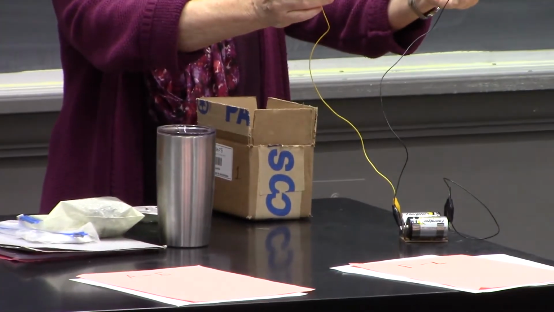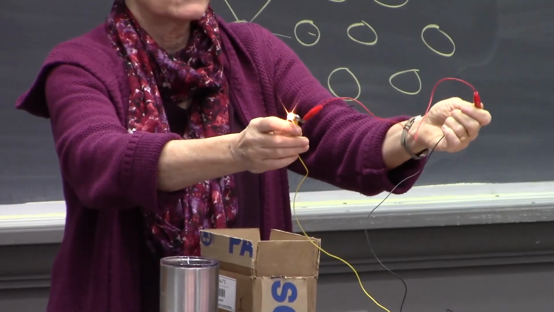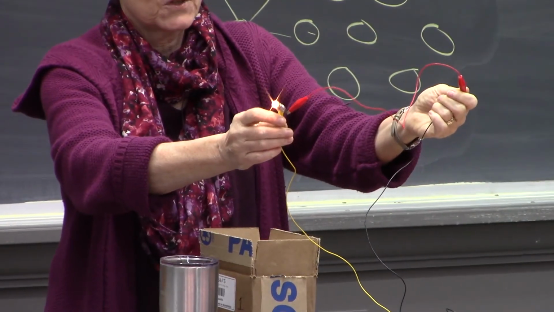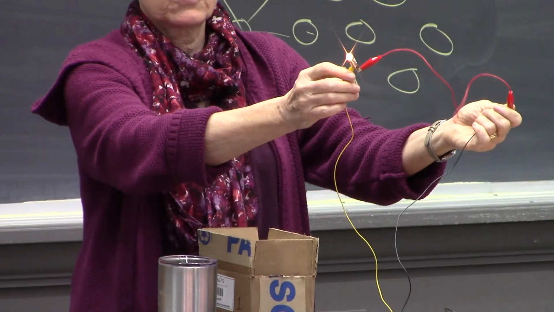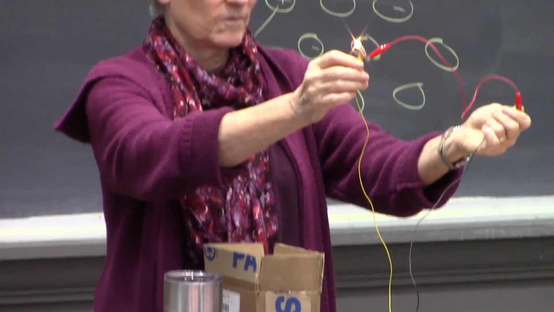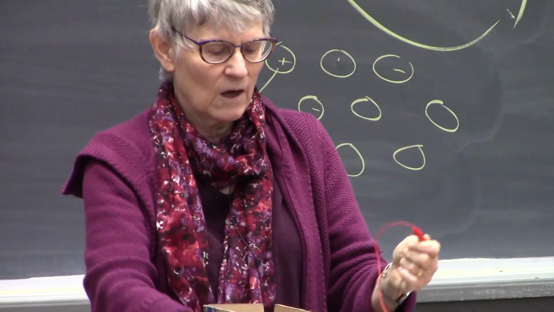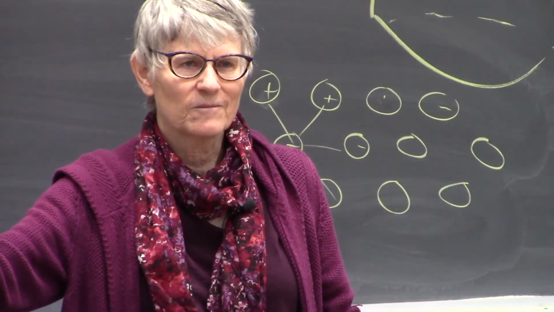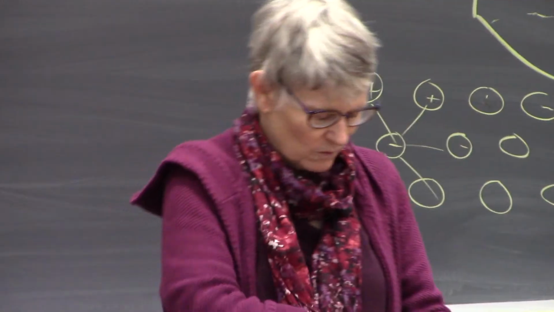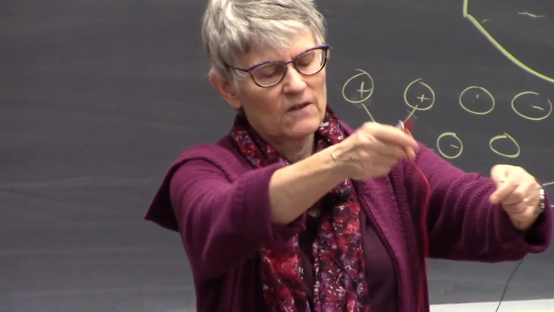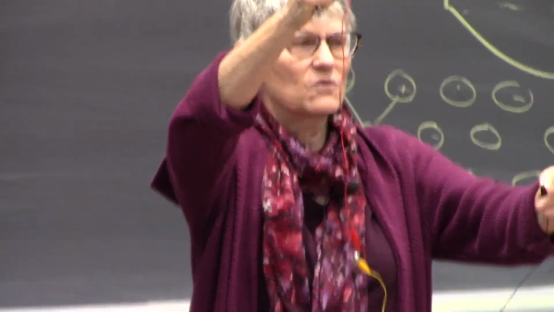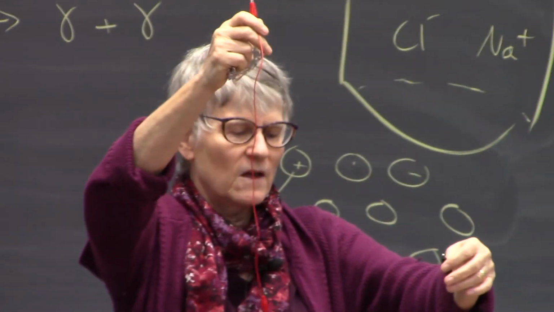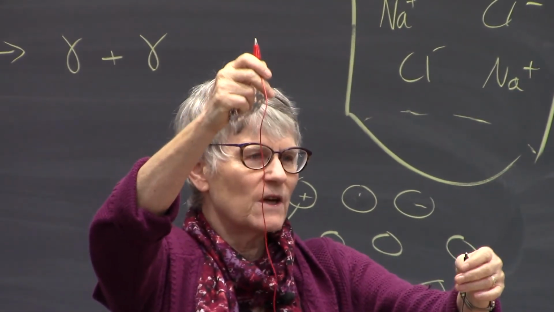Presumably these wires are conductors because we see that probably an electric current is flowing through here, that's what's making this light bulb light up. What's an electric current? It's just a flow of charged particles. That's all it is. And we can sort conductors from insulators to first order by just putting one in the circuit and seeing what happens.